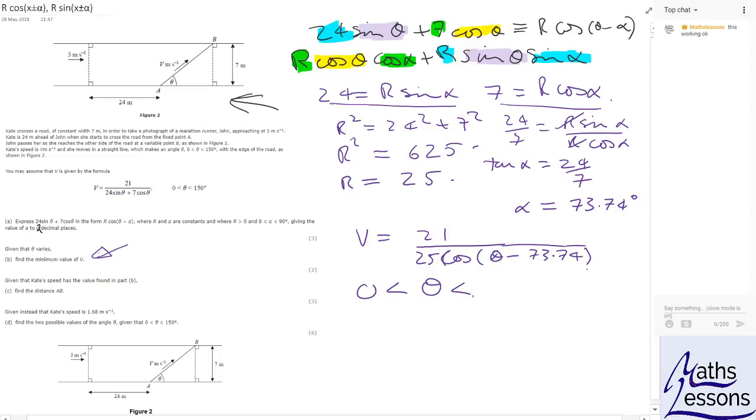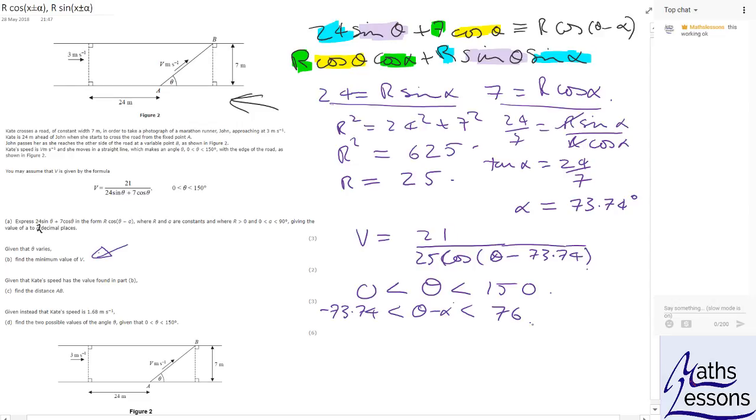We don't need to use any calculus to do this. We can do this really straightforwardly. Because we know that theta is between 0 and 150, then theta minus alpha is going to be between minus 73.74, and take that off 150 and we get about 76.